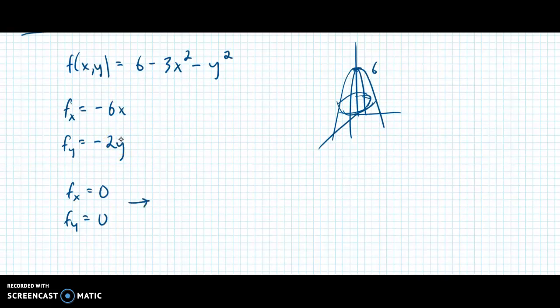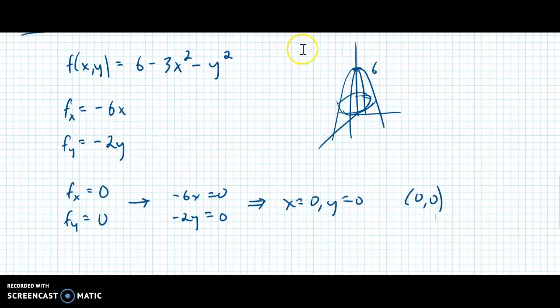So what does that turn into? That turns into negative 6x equals 0, and negative 2y equals 0. And it should be pretty obvious that that is x equals 0 and y equals 0. So what is my a comma b point? It's 0 comma 0. And that matches up with our intuition. Notice it's instantaneously flat when x and y are 0 for this multivariable function.